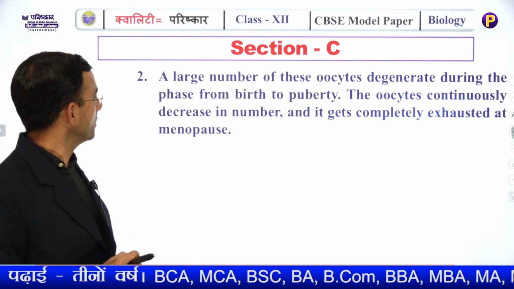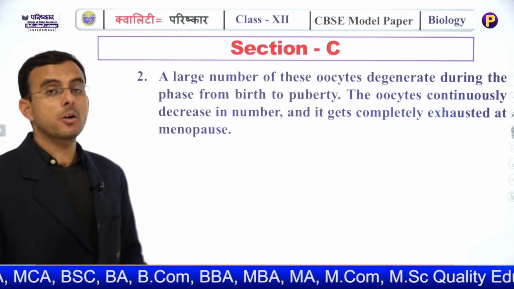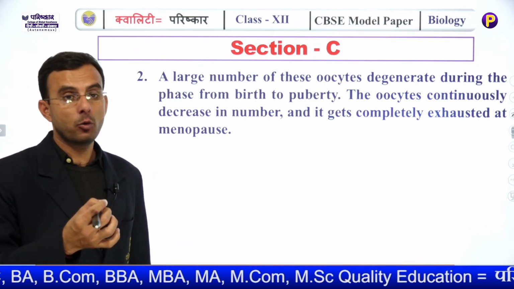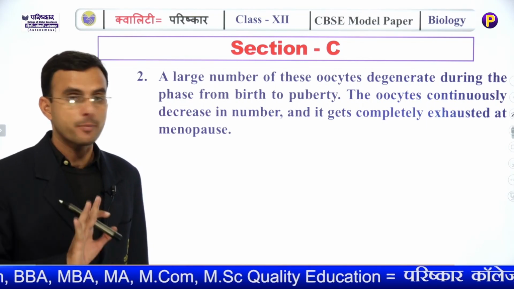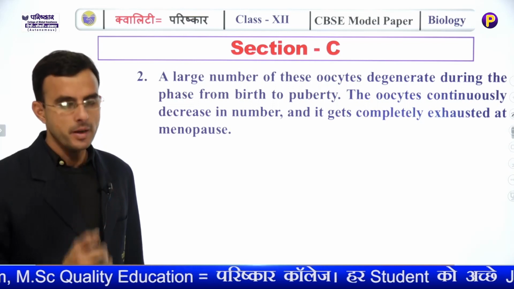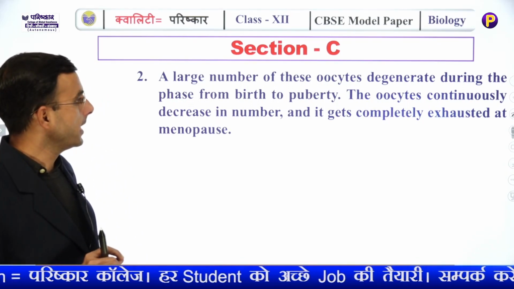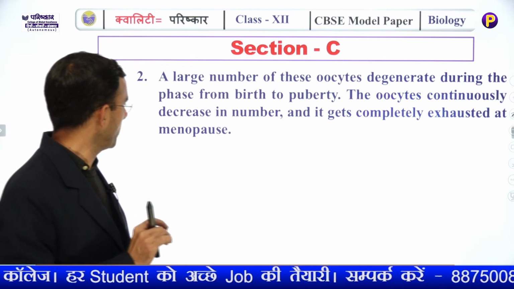The oocytes continuously decrease in number, because at the time of birth of that female child the number of oocytes is already developed. So whenever there is destruction, the number keeps on decreasing. It gets completely exhausted at menopause.